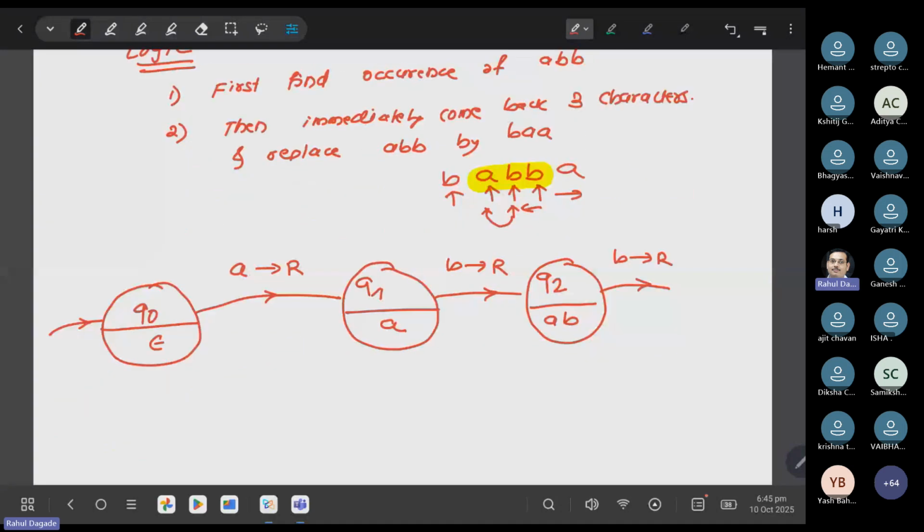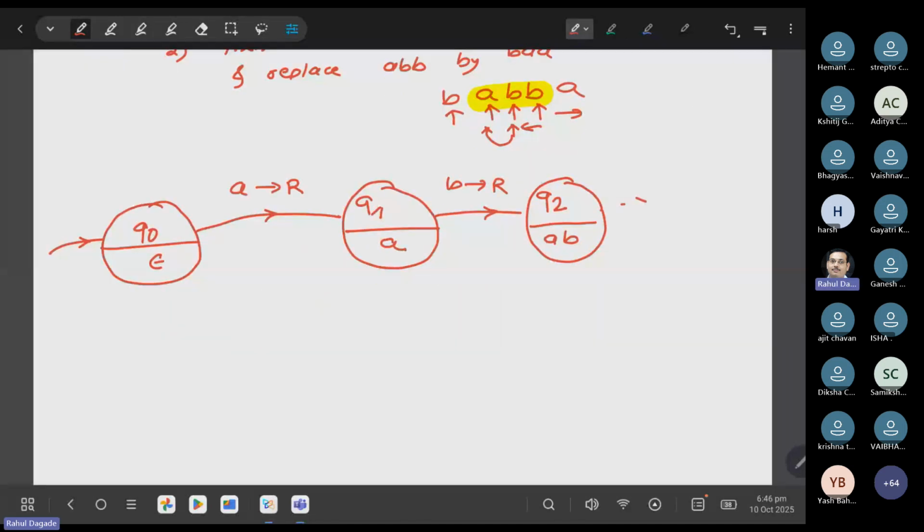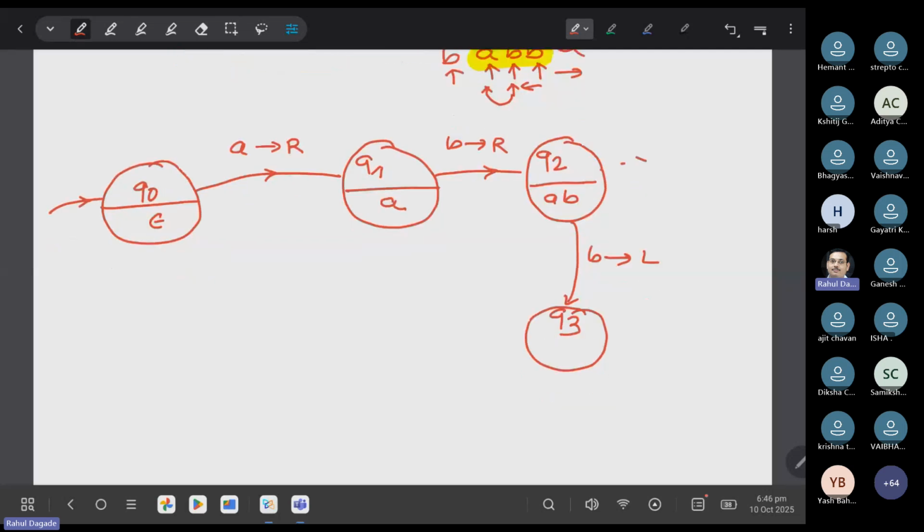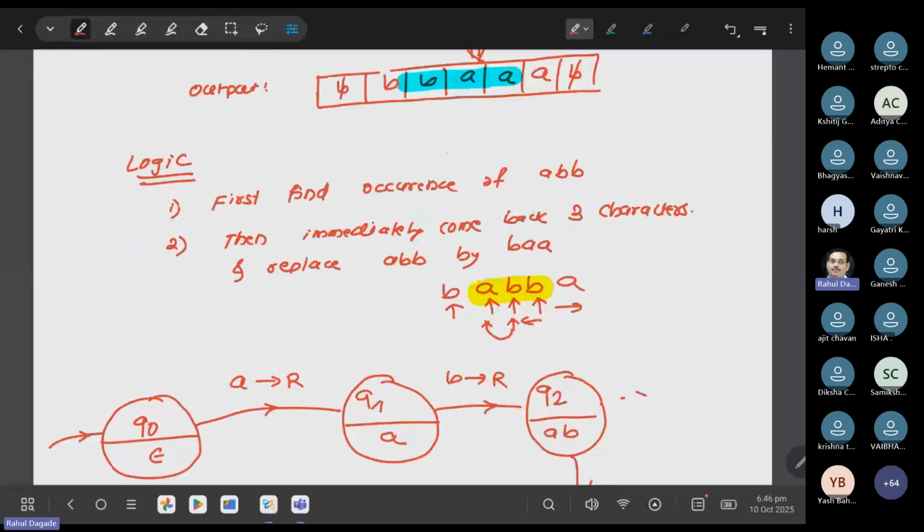So now let us implement that. So what we will do, so if I get B, then I'll move to the left, Q3 state. Okay. And again, I have to move to the left.